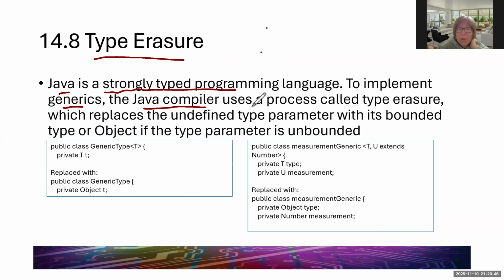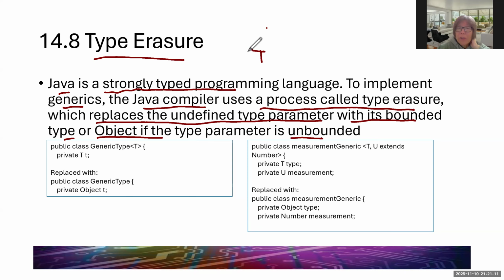So the compiler uses a process. The type erasure is a process. What it does is that the compiler will replace the undefined type parameter with its bounded type, or Object if it's unbounded.